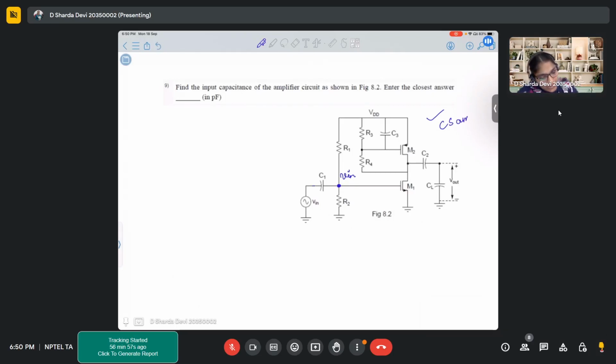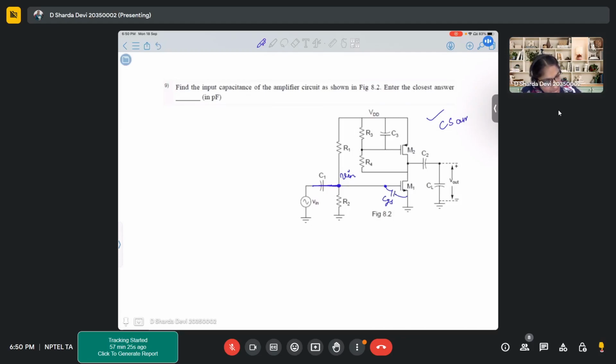So we'll simply short circuit this C1. Now, at this particular node, how many capacitors can you fit? There are no external capacitors connected to this particular node, right? So there will only be a parasitic capacitor which will come into picture.